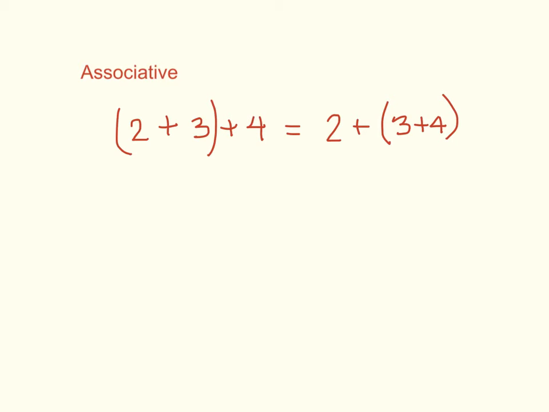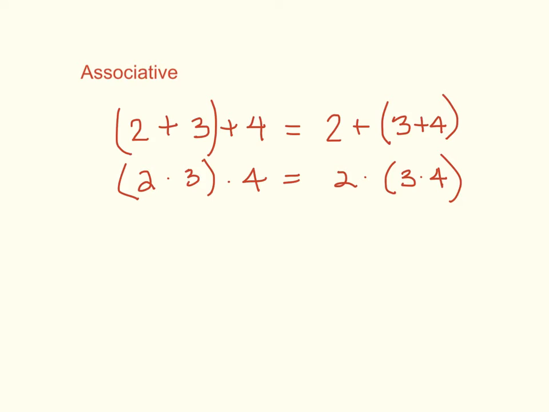The associative property says I can put parentheses in to do things in any order I want as long as it's addition or multiplication. Same thing. So I can rewrite this as multiplication. And though the answers are different, it's the same process.